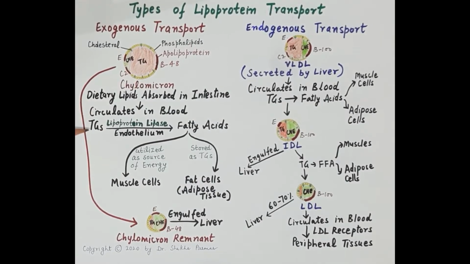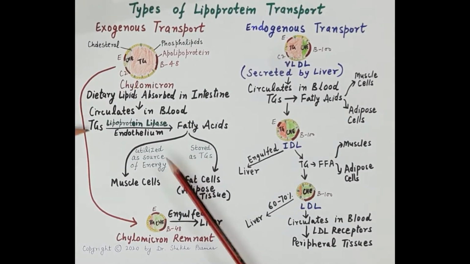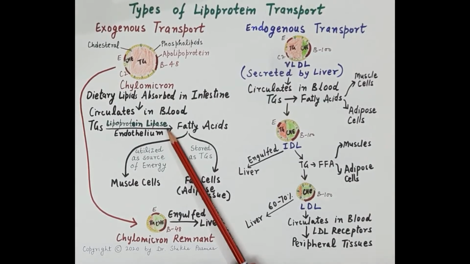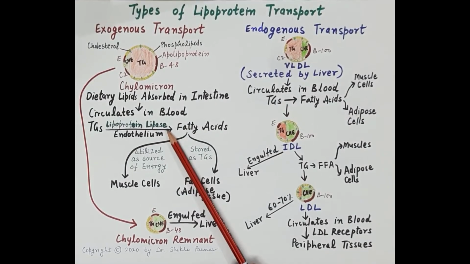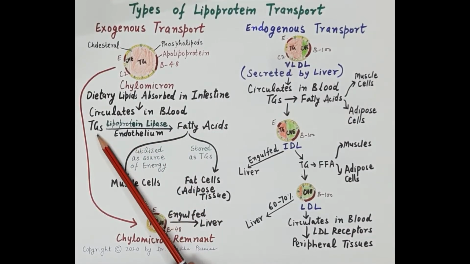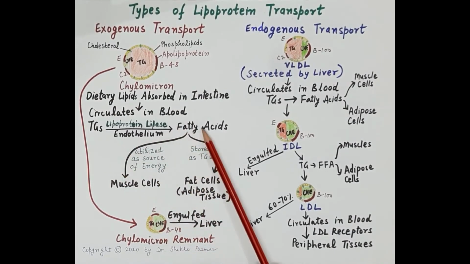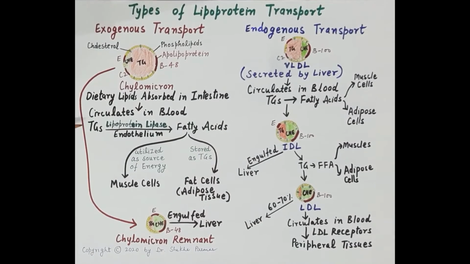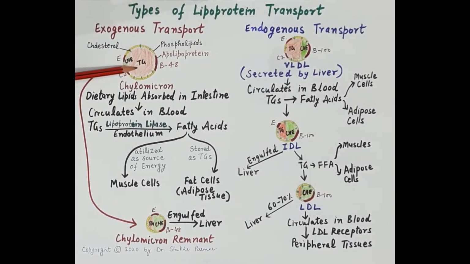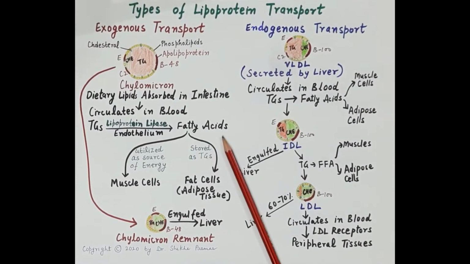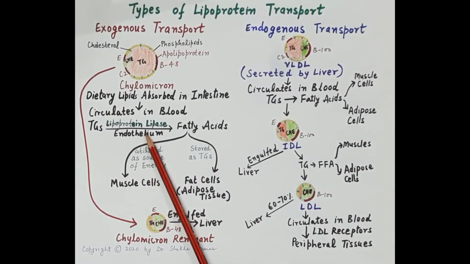Now endothelium bound lipoprotein lipase is an enzyme. Endothelium bound lipoprotein lipase hydrolyzes triglycerides stored in the hydrophobic core into fatty acids. So triglycerides stored in the chylomicron are converted into fatty acids by the enzyme lipoprotein lipase.